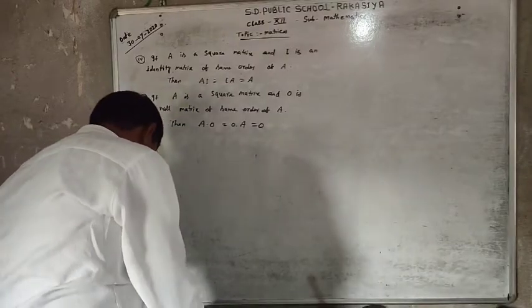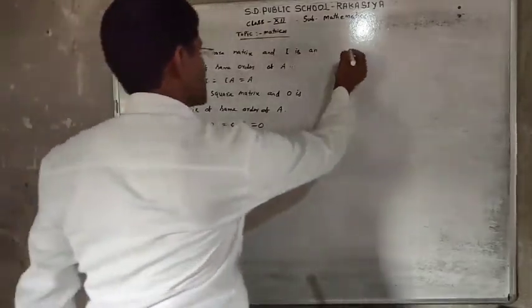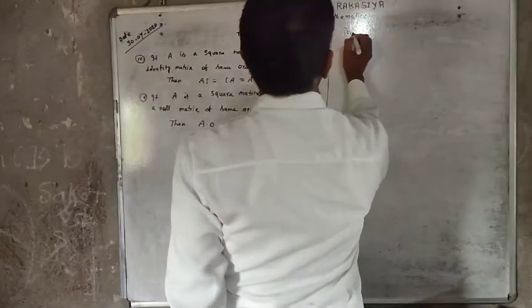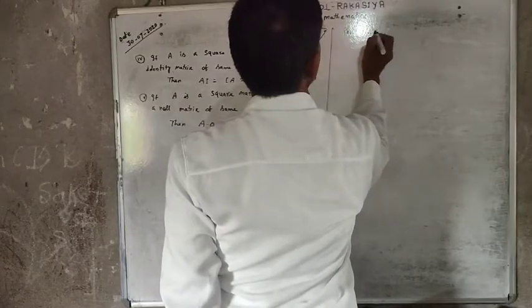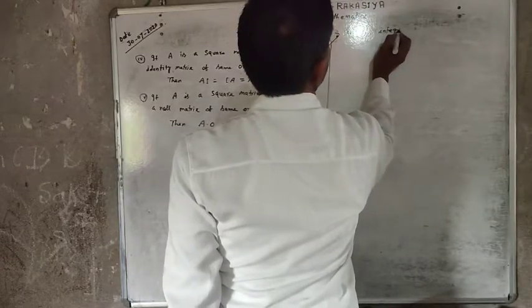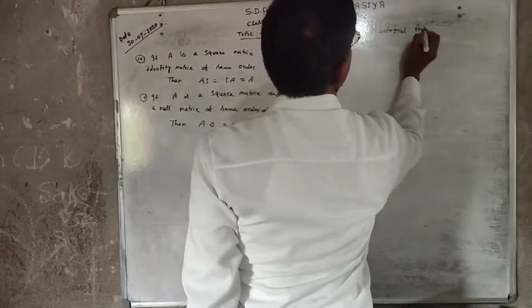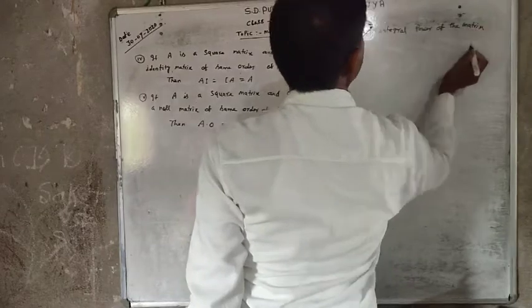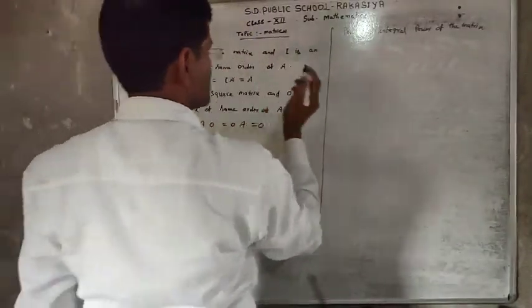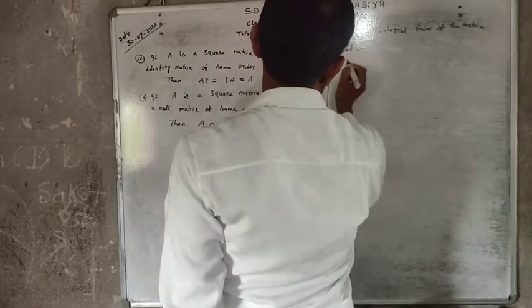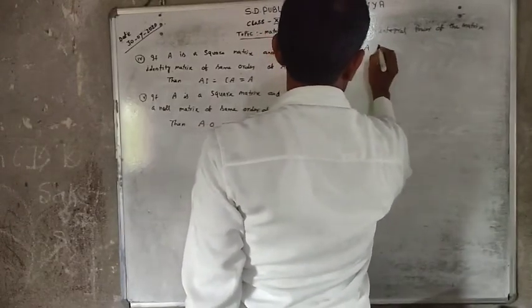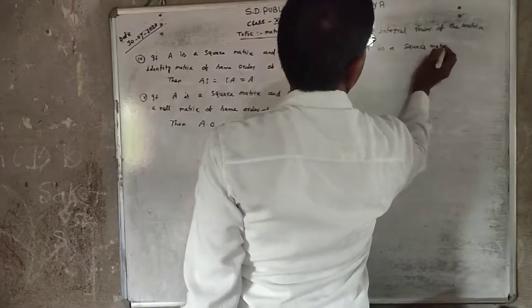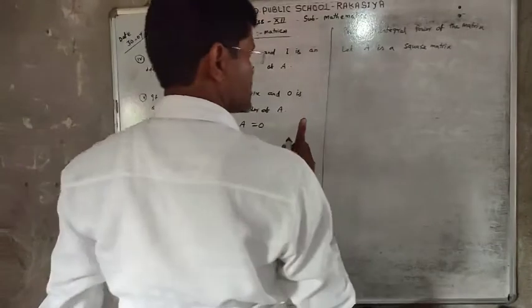Now we will learn the positive integral power of a matrix. Let A be a square matrix.